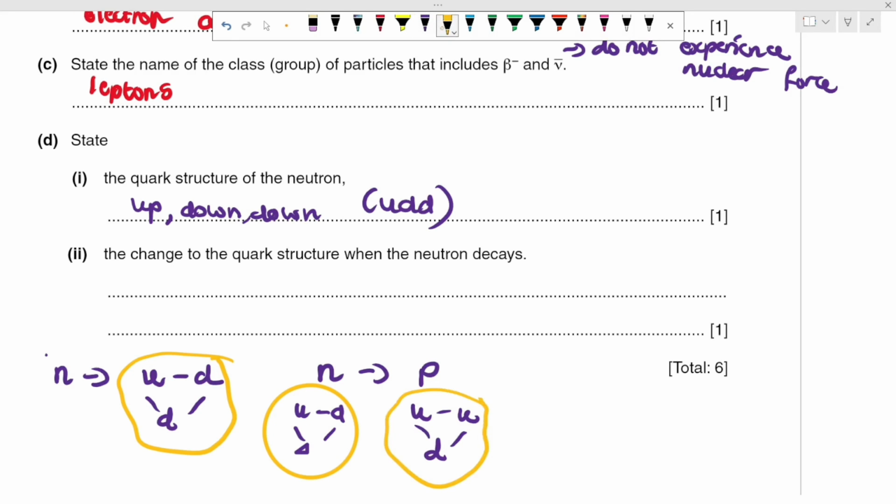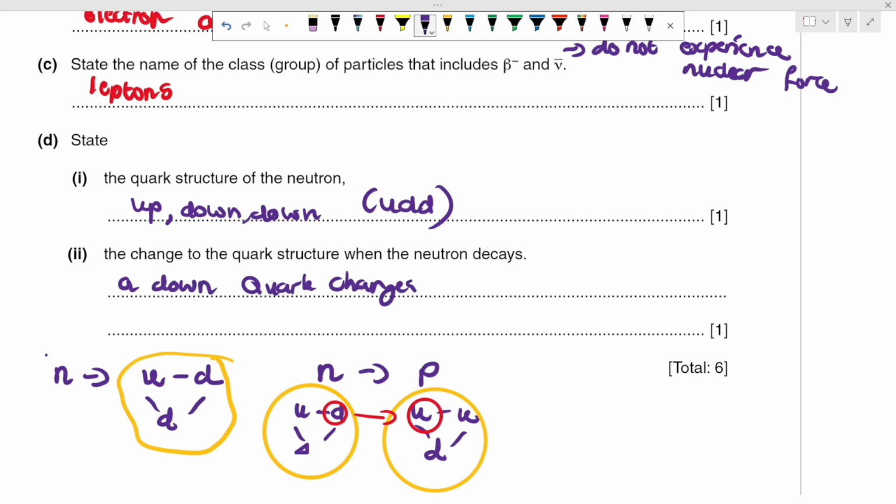So as you can see, what this basically means is that a down quark was changed to an up quark for this to be possible. So a down quark will change to an up quark, or the entire quark composition will change from being up, down, down to being up, up, down.